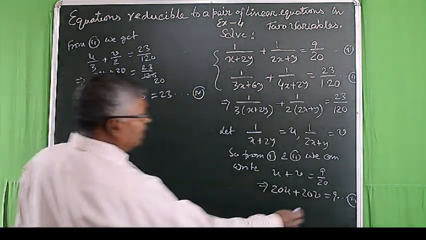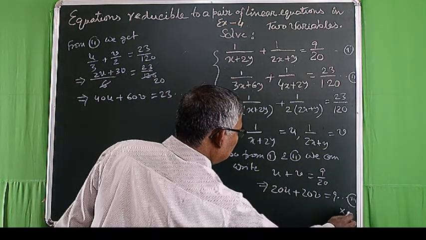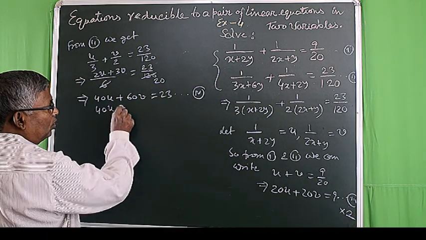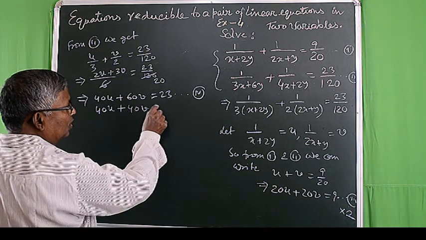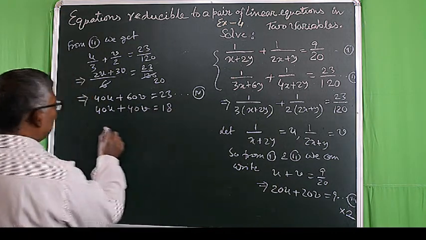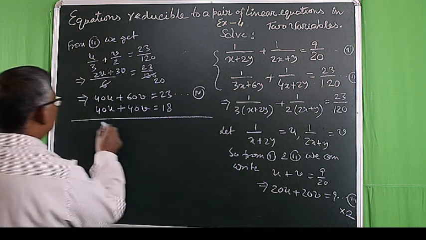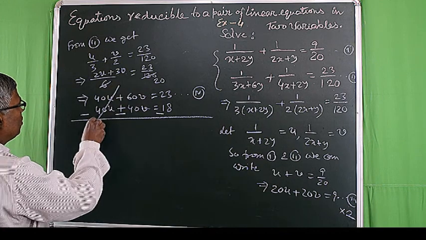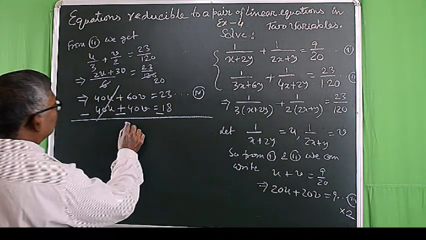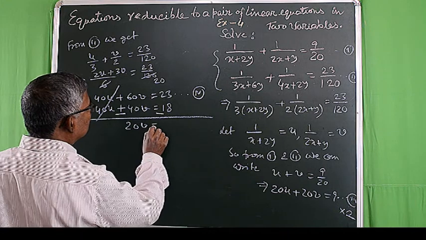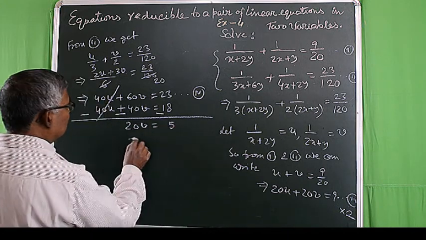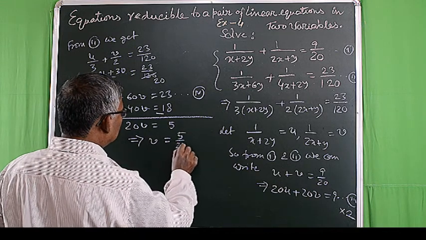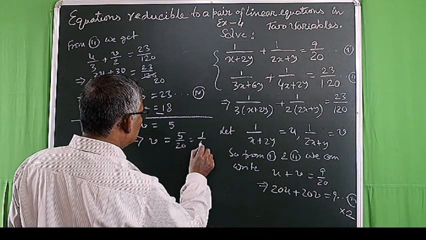Now let us multiply the equation number 3 by 2. So we can write 40u plus 40v equal to 18. Now let us subtract. So 40u minus 40u cancelled. Therefore 20v equal to 5. This implies that v equal to 5 by 20 equals to 1 by 4.